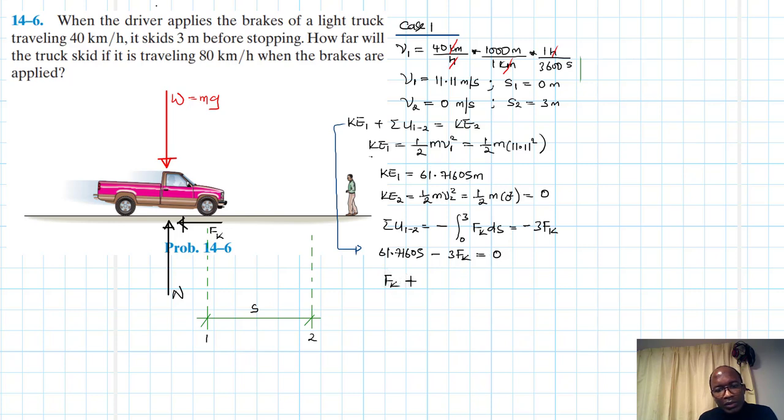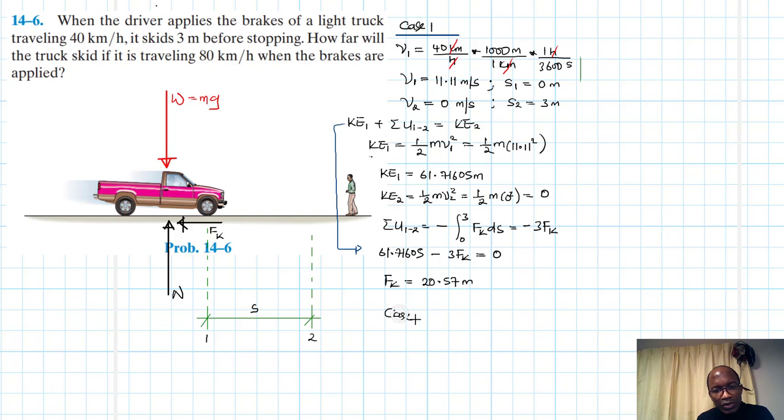Making Fk the subject of the formula, this gives us 20.57 m. So we found Fk.